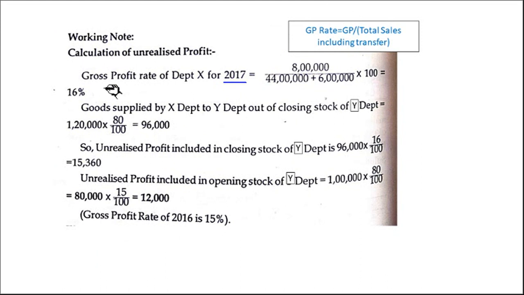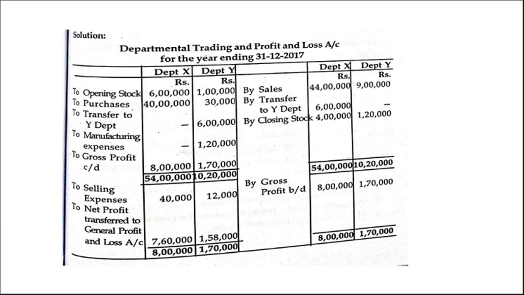Now what did they say in the problem? The stock of Y department may be considered as consisting of 80% of the material of X. What is the closing stock? Goods supplied by X department to Y department are out of the closing stock of Y department.